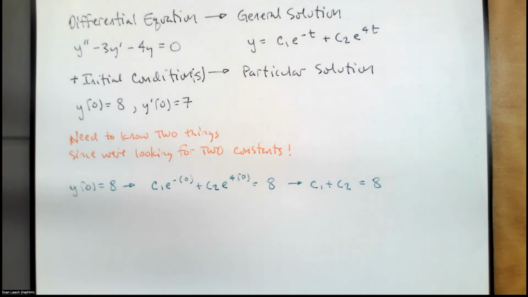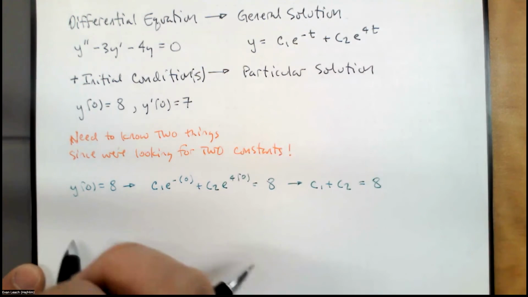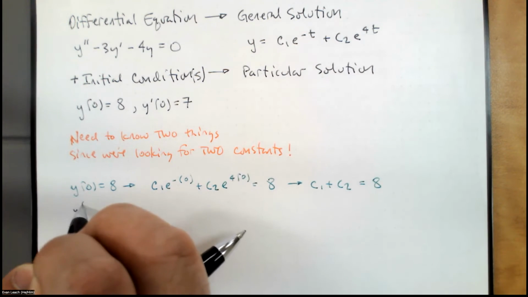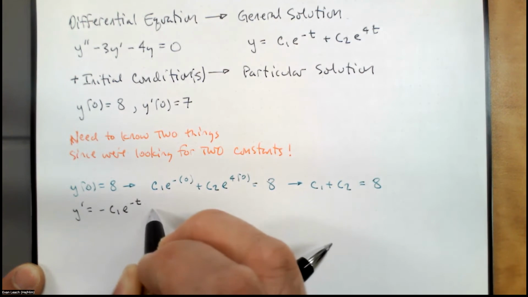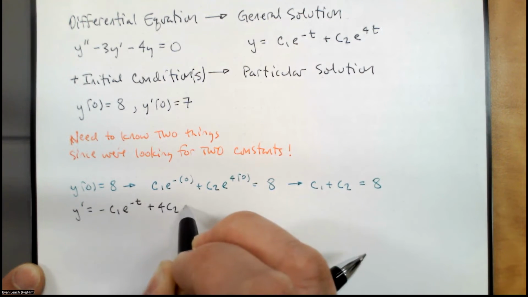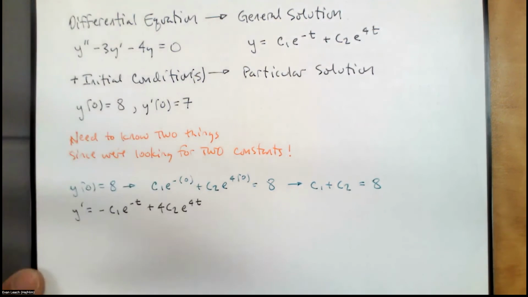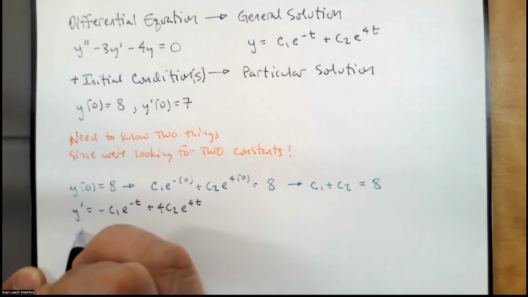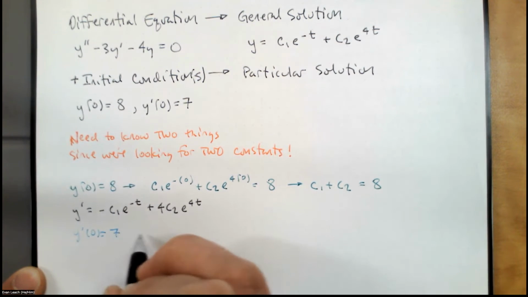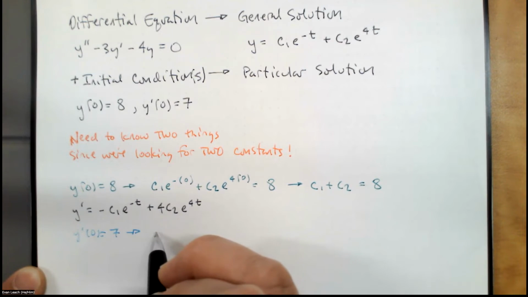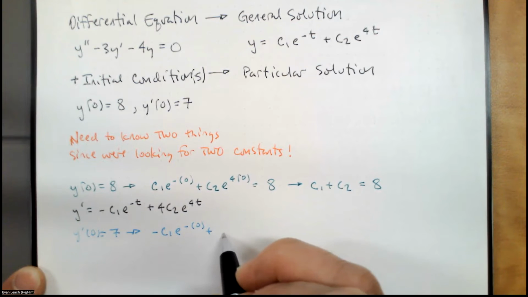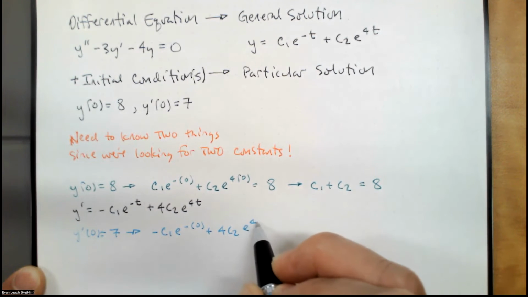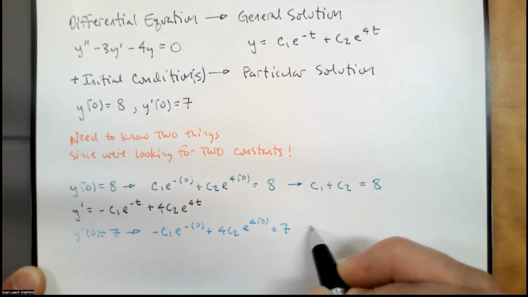Since we have another piece of information, we can take the derivative of our function. So y prime is going to be minus c1 e to the minus t plus 4c2 e to the 4t. Now, if I plug in 0 into the derivative, we should come up with 7. So minus C1 e to the negative 0 plus 4C2 e to the 4 times 0 equals 7.